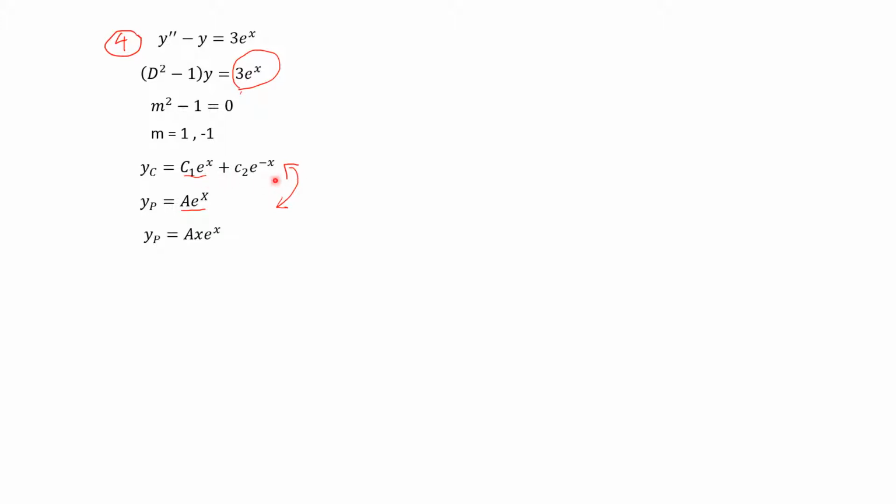saying there's none already? So yp now will be a x e to the x, and we will have to determine a. From the equation this should satisfy yp double prime minus yp equals 3 to the x. Then we have to solve for a. We need to find yp prime and yp double prime. Now this is yp, a x e to the x.